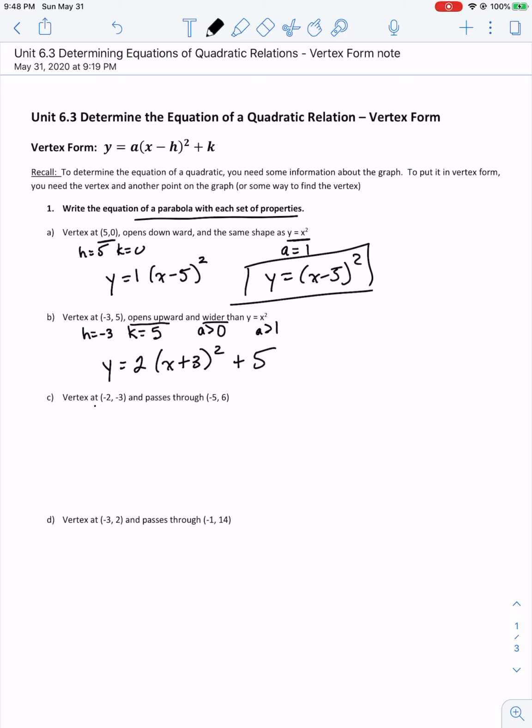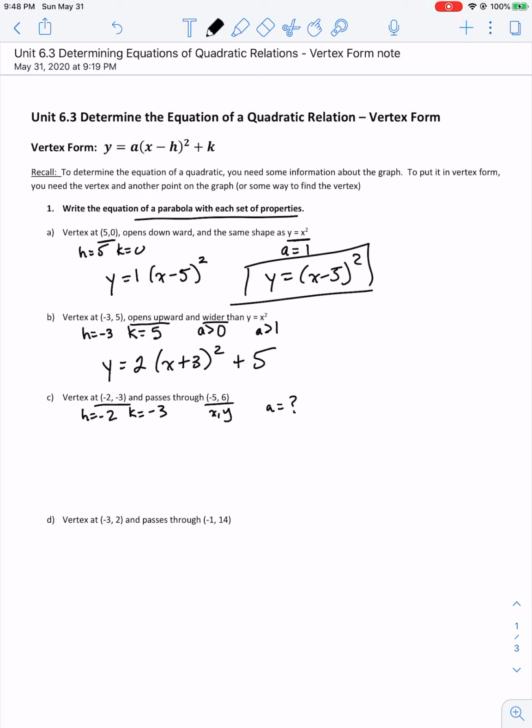Okay, the vertex is at -2, -3, so h equals -2, k equals -3, and it passes through -5, 6. Well, that's going to be our x and our y, and the a is what we don't know.